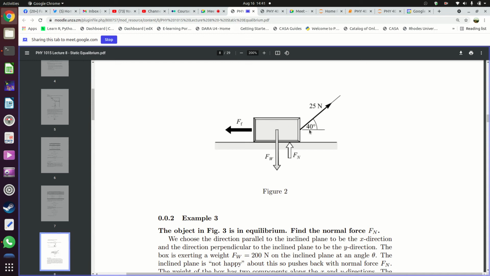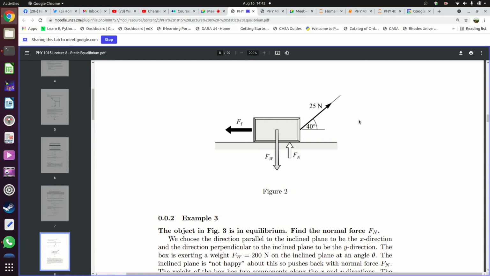Are we clear? Yes, sir. The next thing you do is look at the direction in which the object is moving. This object is going to be moving in this direction. You choose that as your positive x-axis. Are we clear?